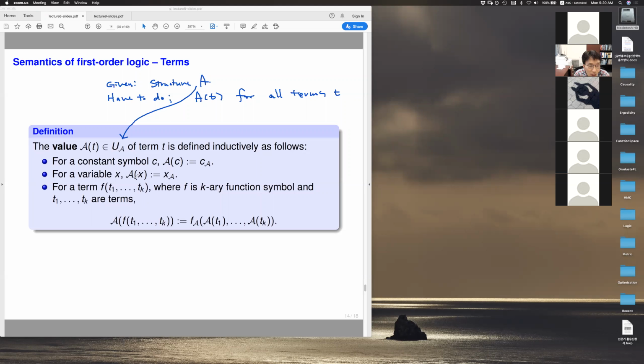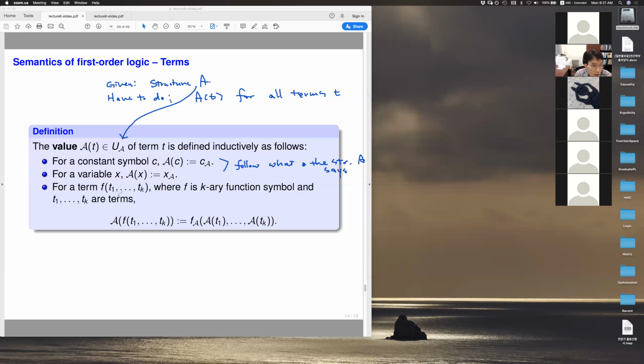So we follow what our structure says: the meaning of variable x is x sub A, the meaning given to the variable x by the structure A.